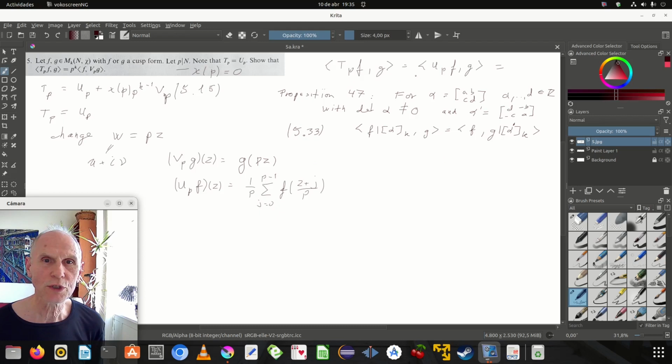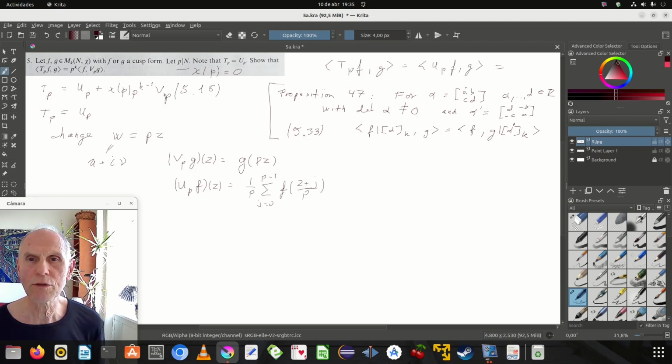We actually should start on the left-hand side, and the point is to use proposition 47. So we have a matrix in the general linear group over the rationals, but we may assume a, b, c, d are integers.